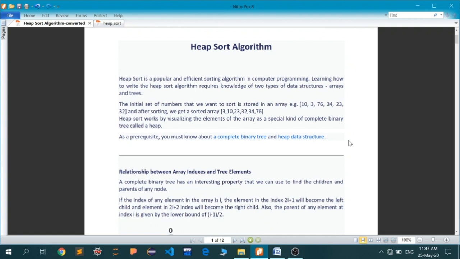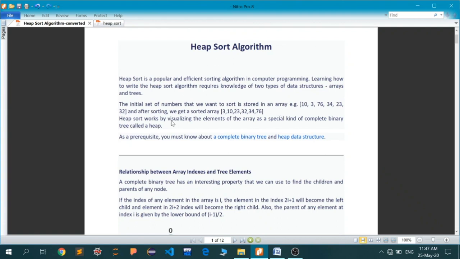And I think you must be familiar with arrays and trees already. The initial set of numbers that we want to sort in the array is 3, 10, 3, 76, 34, 23, 32. And after sorting, we must get the sorted array like 3, 10, 23.